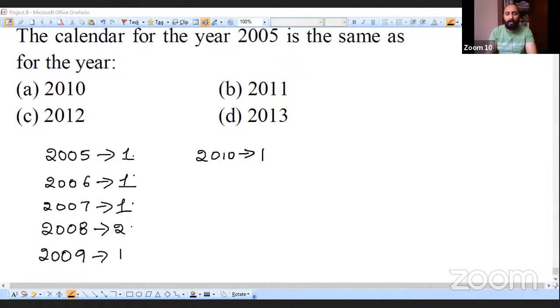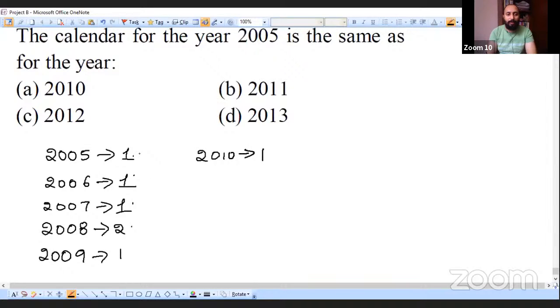So how many odd days passed? Should be 7 or a multiple of 7. So it is, yes, 1, 2, 3, 4, 5, 6, 7.